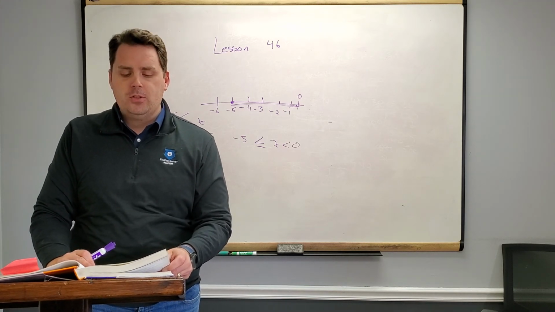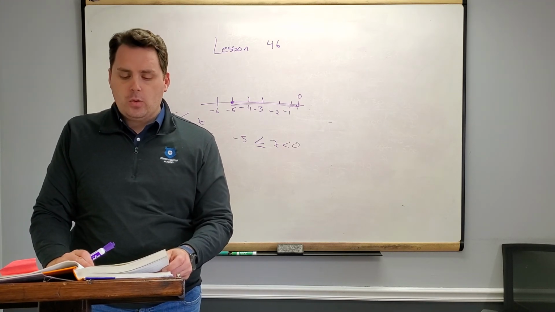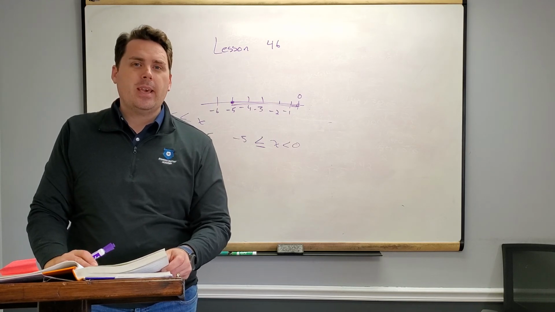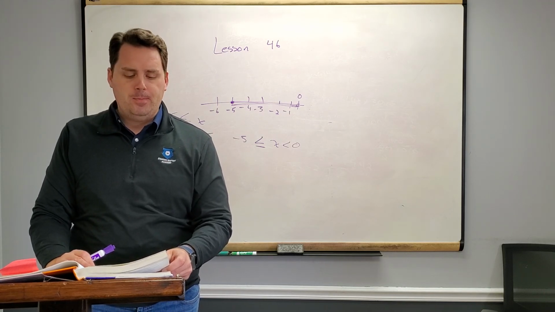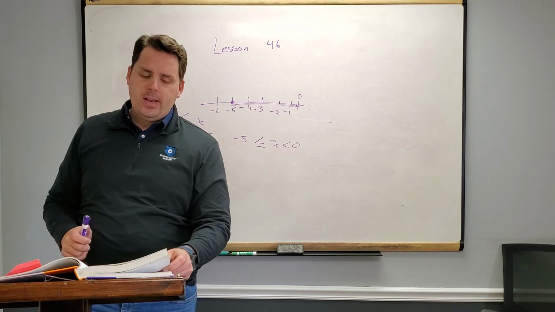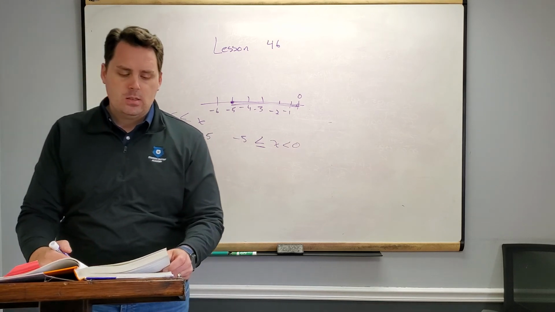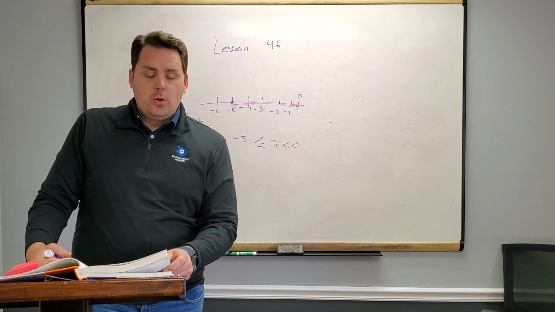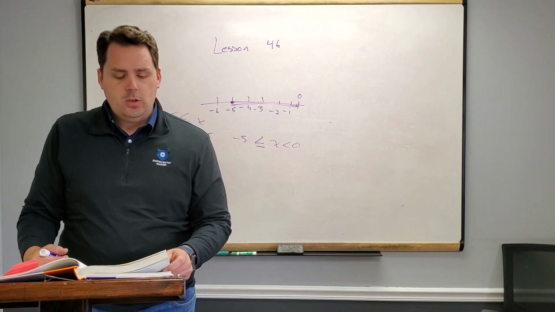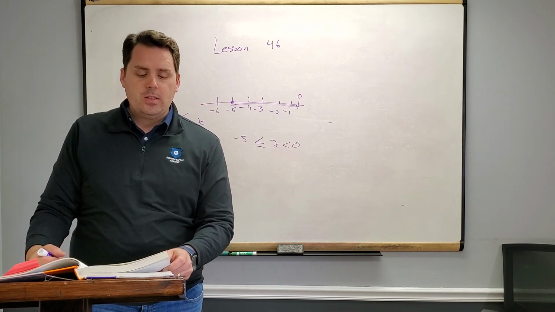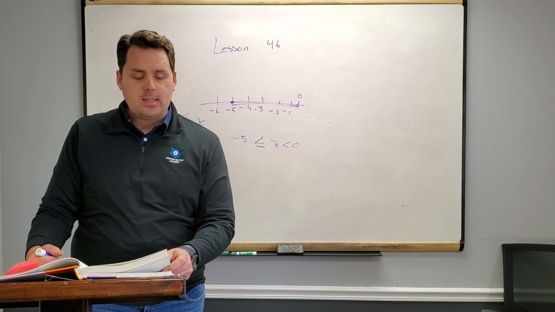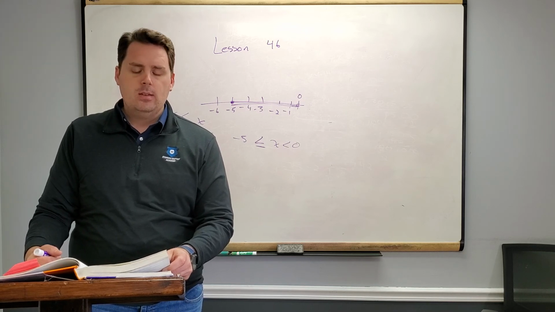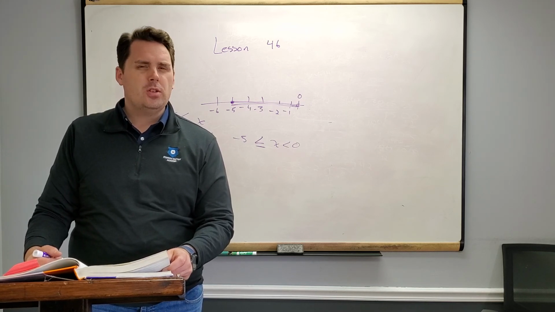The first on the left should be on the -7, and on the right it should end at the -2, and like I said, both of those circles are not colored in. Letter C, you should write -3 less than x, less than or equal to +2. And then for letter D, you should have -2 less than or equal to x, less than 5. It's a little bit complicated.